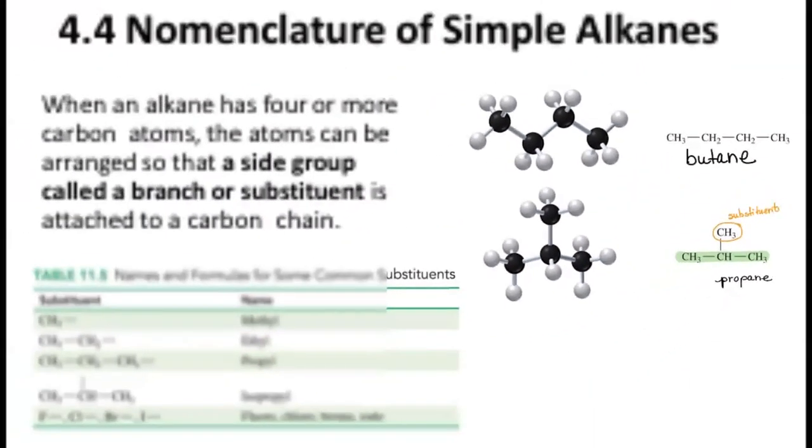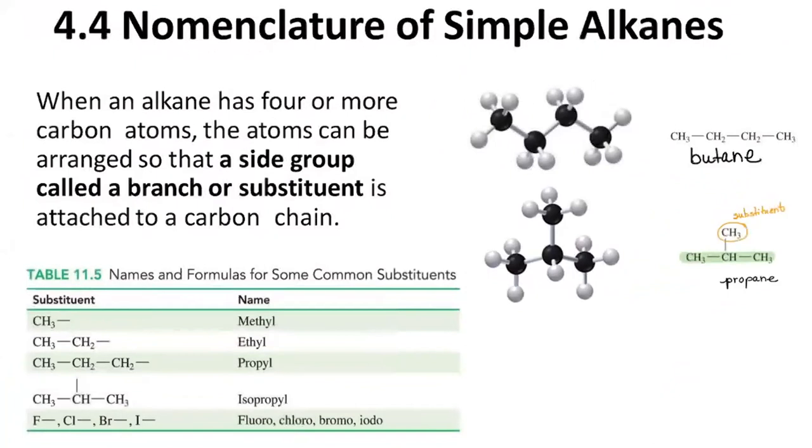As you can see, a substituent by definition is an atom or group of atoms that is arranged as a side group, or we also call them branches, okay? So which ones do you need to know? They are summarized in this table. This table is not from your textbook, but you can see the list of substituents that I'm going to hold you responsible for.